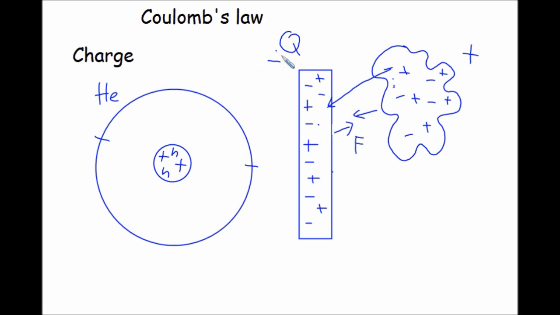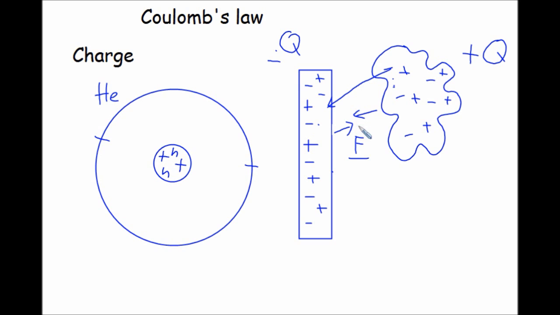The negative charge in this ruler will increase. And if more electrons are lost by the cloth, the positive charge of the cloth will also increase. So if the charge is increased on both objects, the force by which they attract each other will also increase.